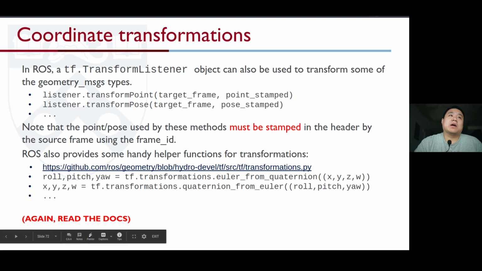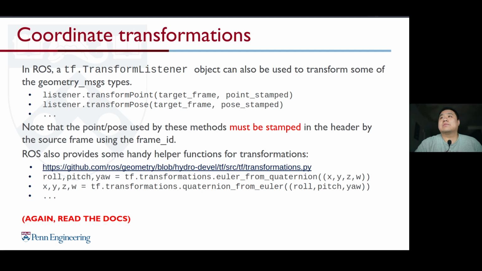Next we can talk about how you will perform a coordinate transformation, that is, transforming a point or a pose that's defined in one frame and putting it into the other frame. In ROS, a tf.TransformListener object can also be used to transform some of the geometry message types.